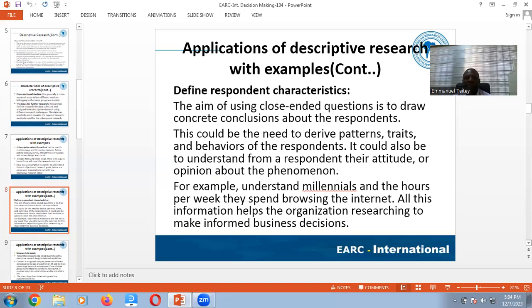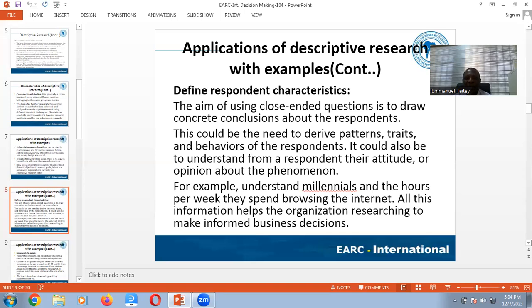Still, application of descriptive research examples continue. Define the respondent characteristics. The aim of using closed-ended questions is to draw concrete conclusions about the respondent. This could be the need to derive patterns, traits, and behaviors of the respondent. It could also be to understand from a respondent their attitude or opinion about a phenomenon.